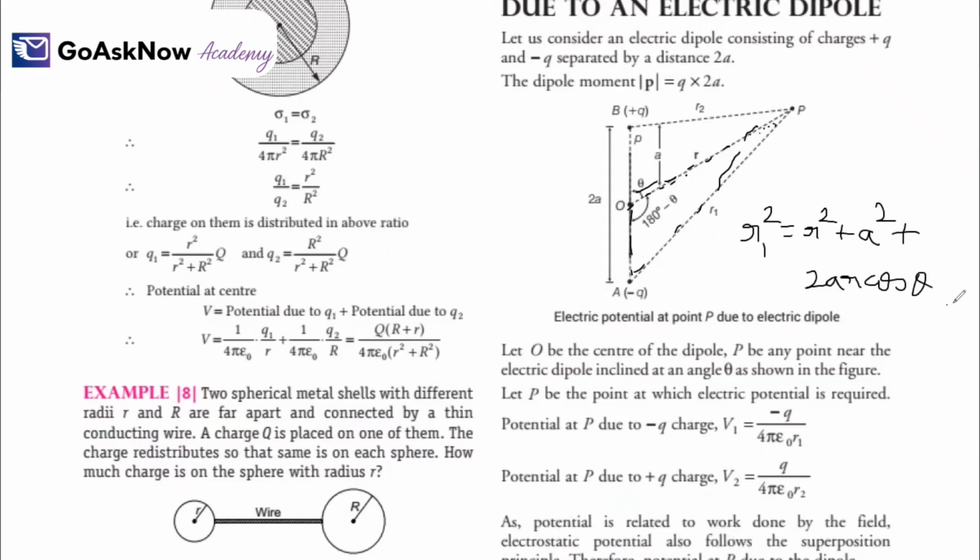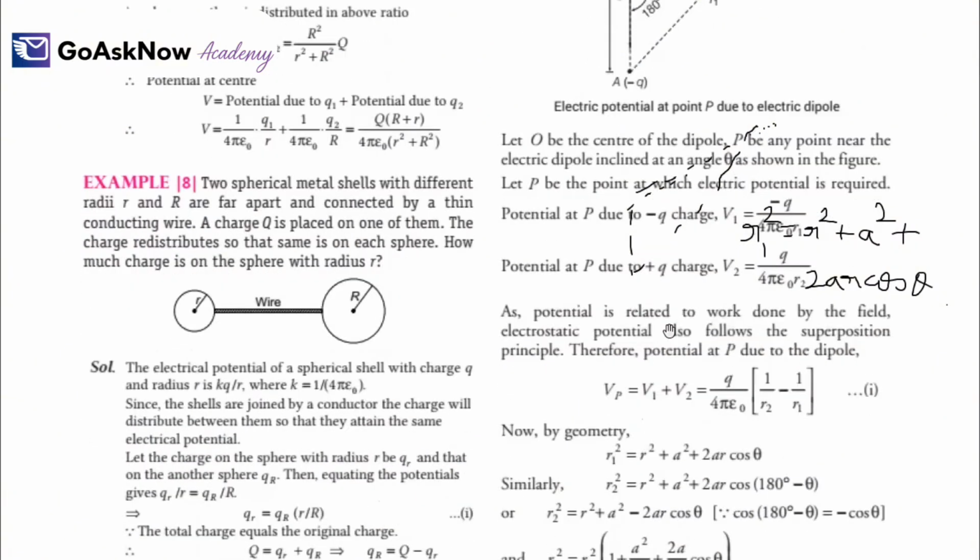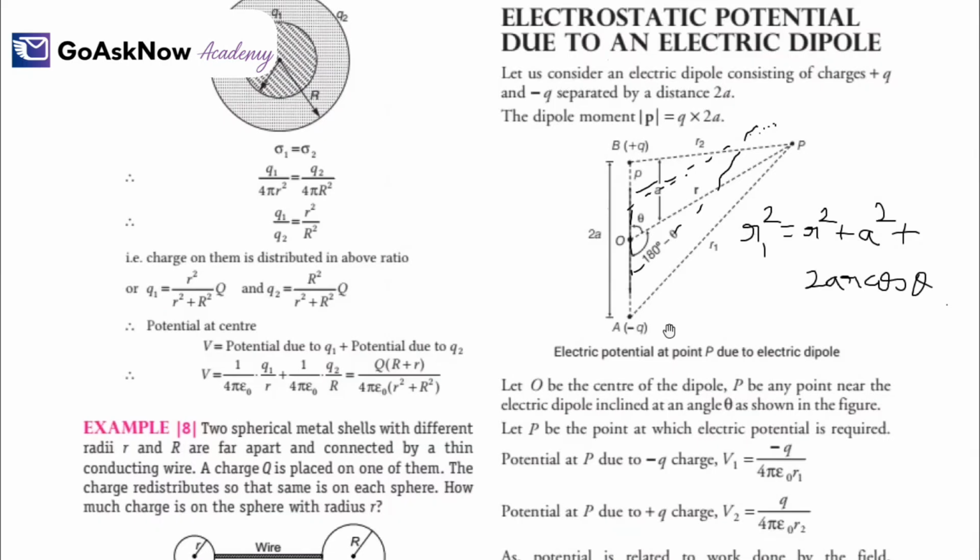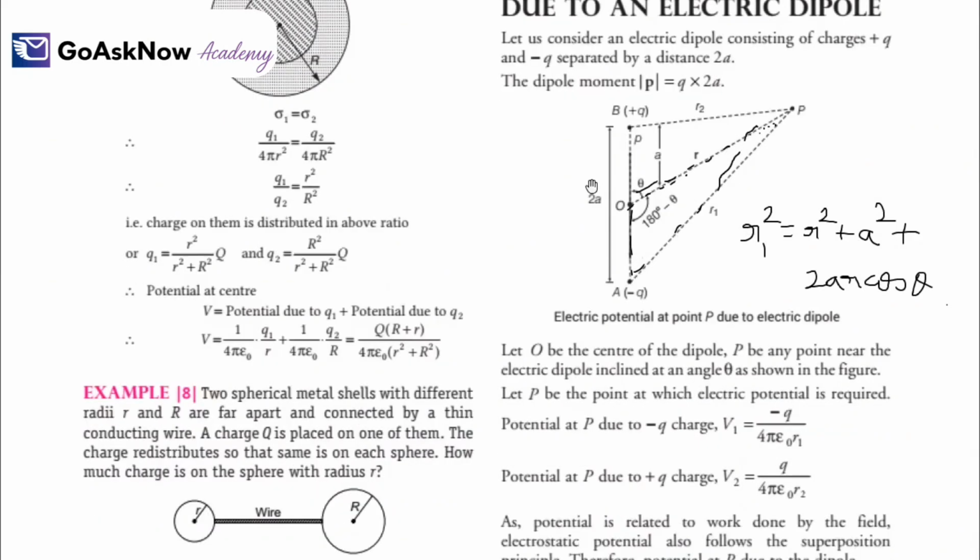Why is the equation coming like this? Just see the figure. If you observe it, OA is this small a vector, and the R1 vector is like this, and this is your small r vector.